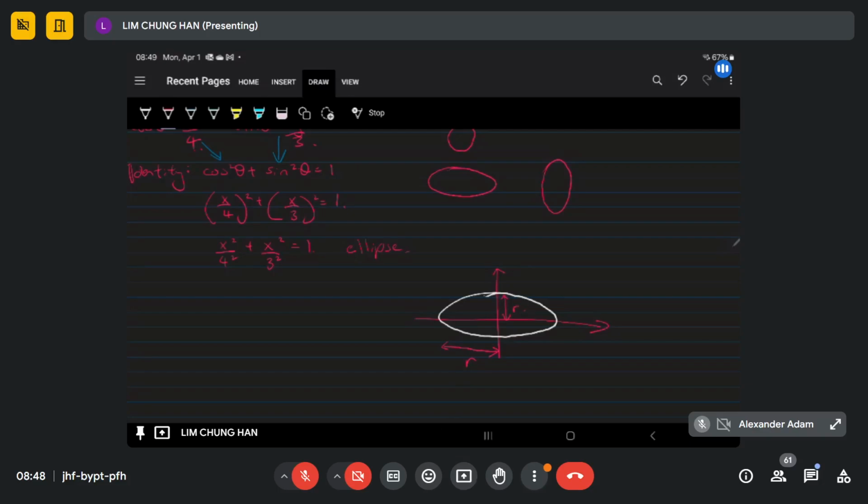One is longer than the other. So in the x-axis there's one radius, and in the y-axis there's another radius. That is an ellipse.